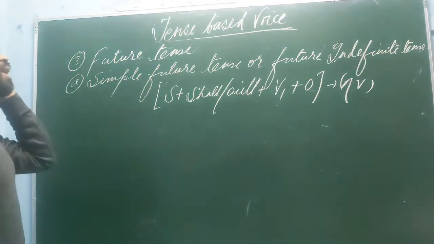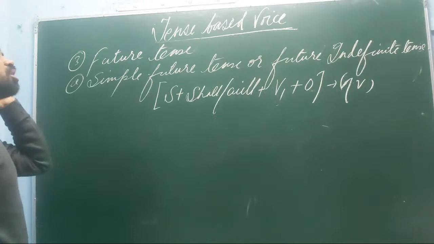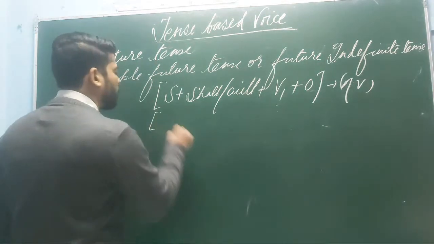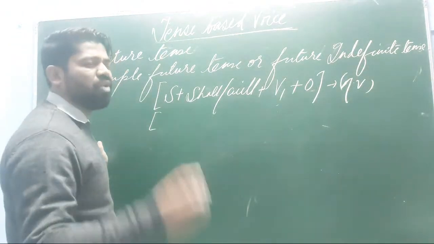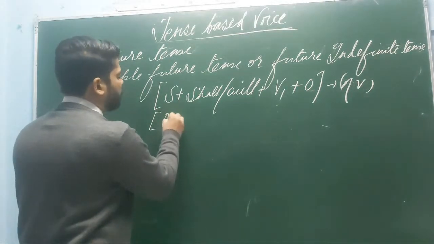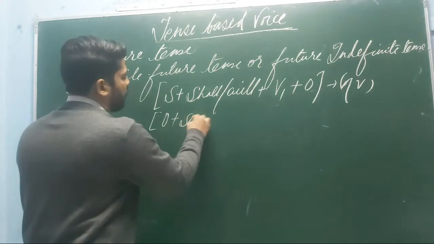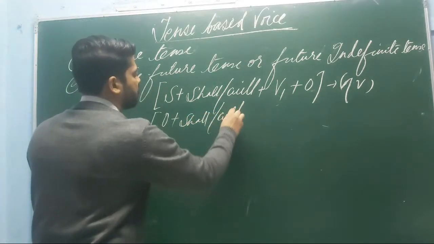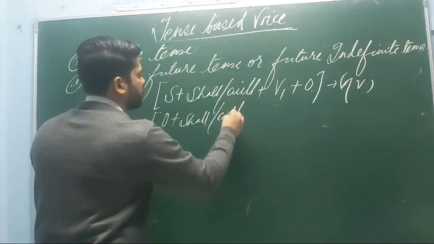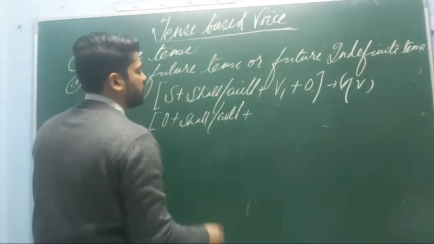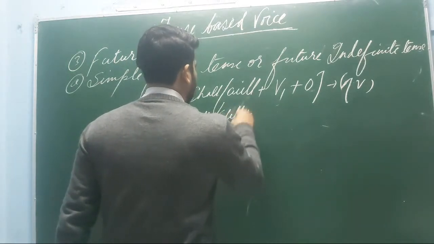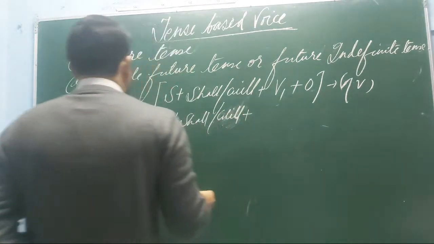Now after knowing the basic structure in active voice of the simple future, how will you be able to convert it into the passive voice? Its structure will be object plus shall or will plus be plus V3 plus by plus subject.